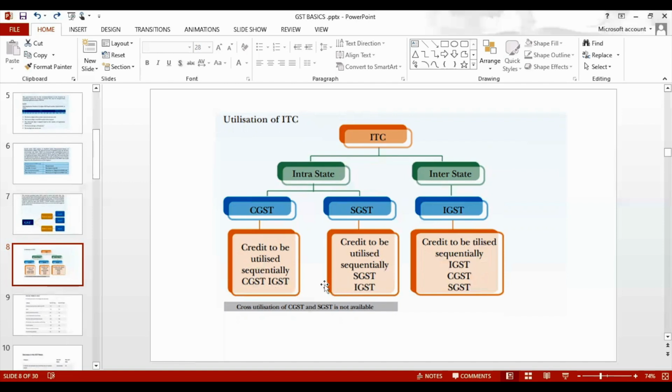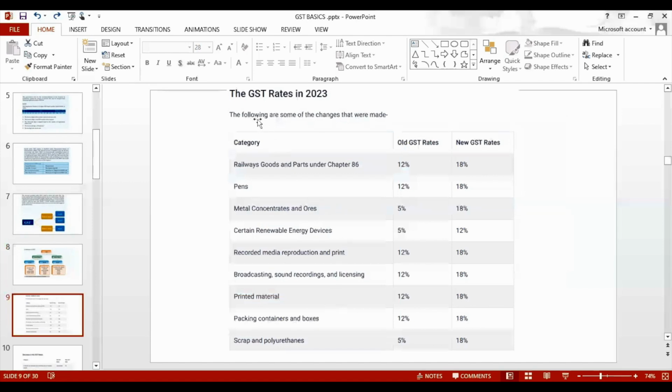Next topic is what is the old slab rate of tax percentage and what is the new rate of tax percentage. So, GST rates in 2023. What are the categories? It will be low in the old slab rate and increased in the new slab rate. I have given it in the chart.